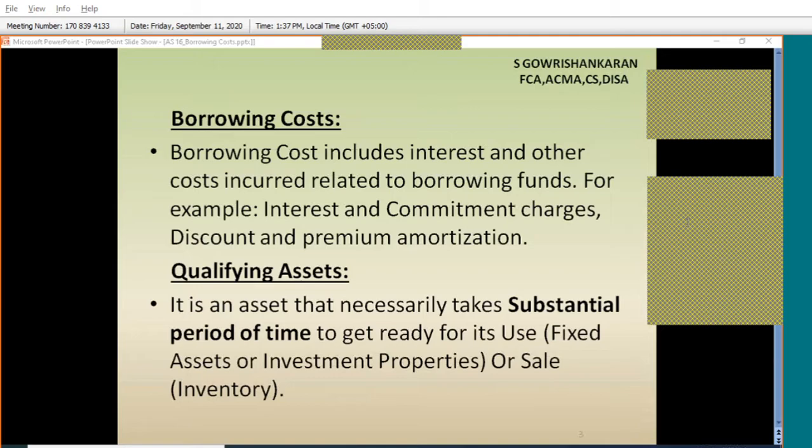I can use it for my production. Say for example, I borrowed money. Why did I borrow? For buying raw materials or buying some stock. And that stock I can use readily for my production. Whether that is a qualifying asset.